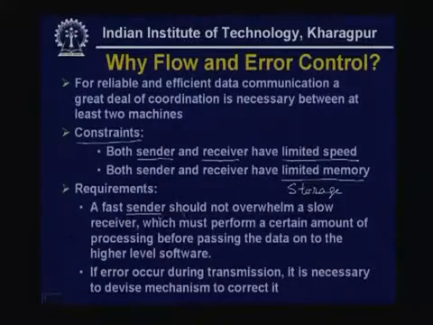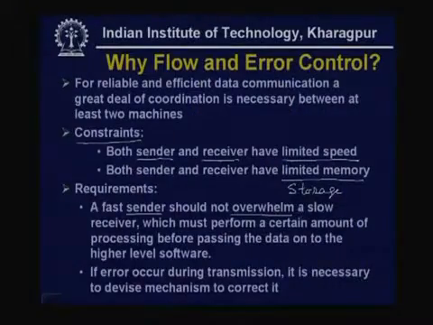In such a situation, the sender should not send at such a rate that the receiver is overwhelmed. So we have to protect the receiver from being overwhelmed, and for that purpose the sender must send data in a very controlled way, because unless it is sent in a controlled way, there will be overflow from the buffer or information will be lost. That controlled way is known as flow control.